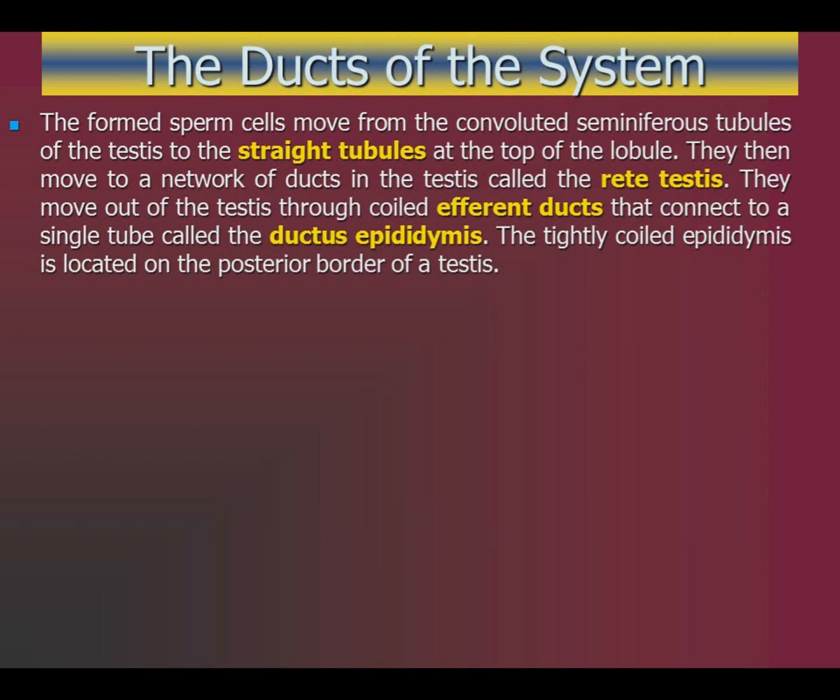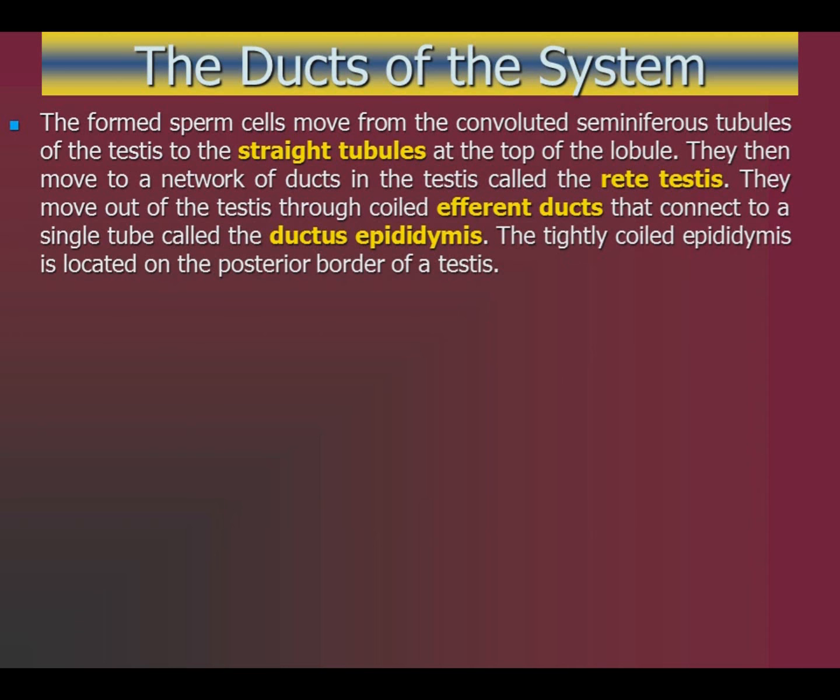The epididymis is a comma-shaped structure located along the posterior border of a testis, consisting principally of a tightly coiled tube called the ductus epididymis. The epididymis is the site where the sperm cells continue to mature. The tube is about 20 feet long and it takes the sperm about 20 days to move through this tube.